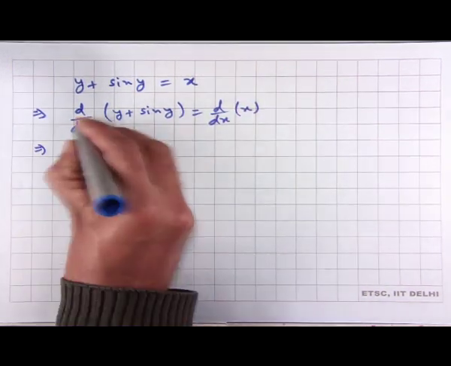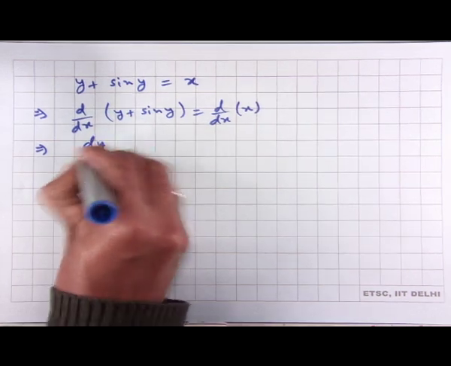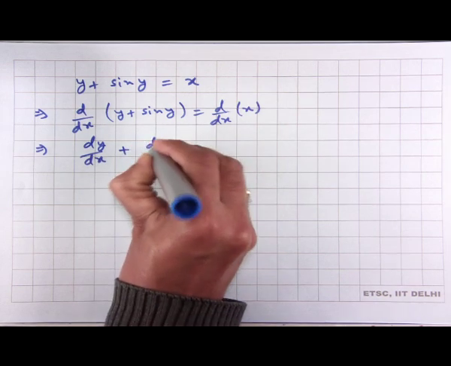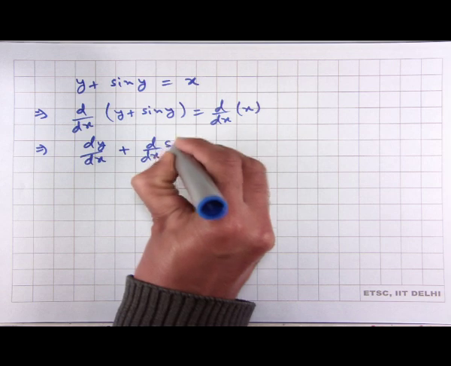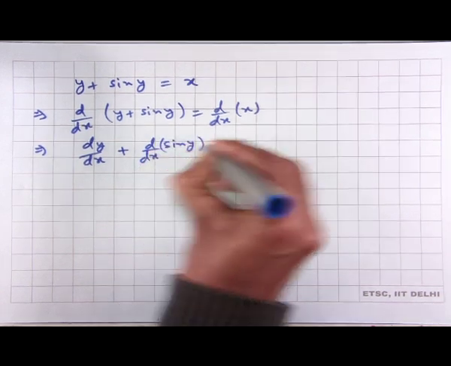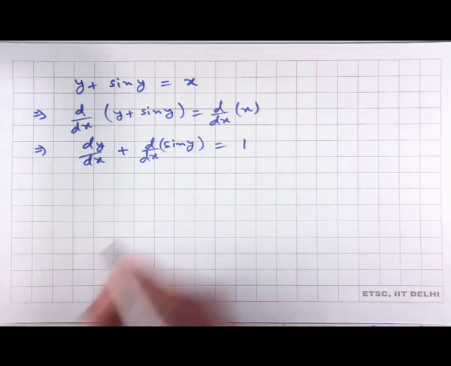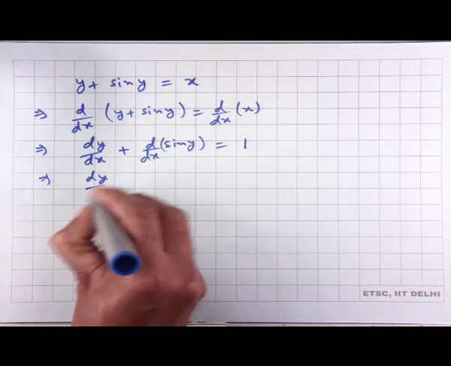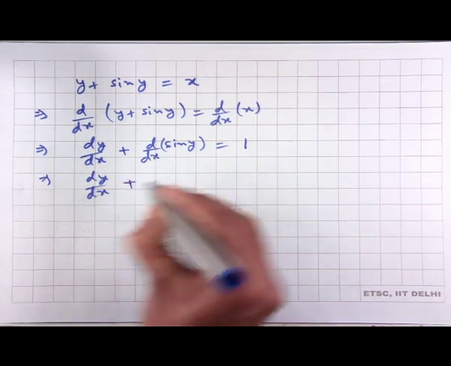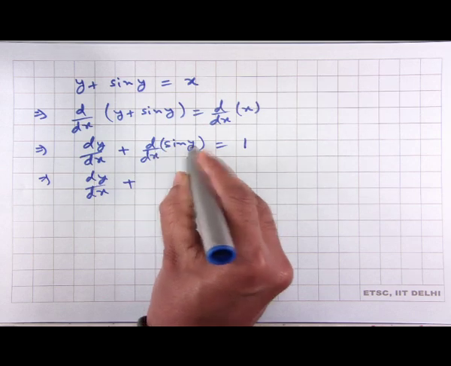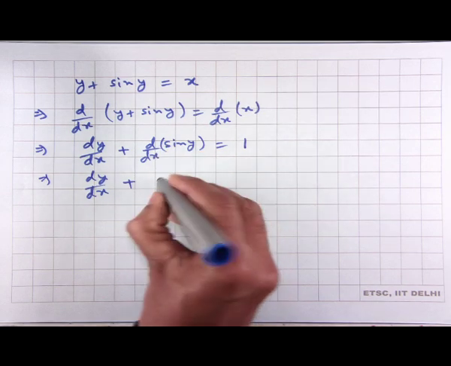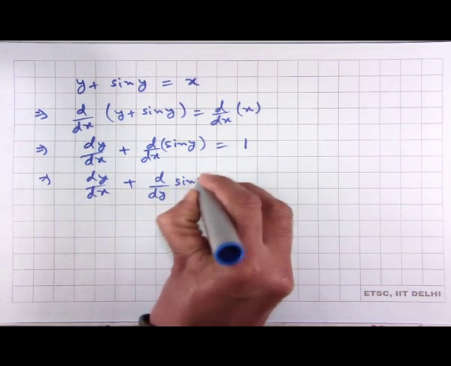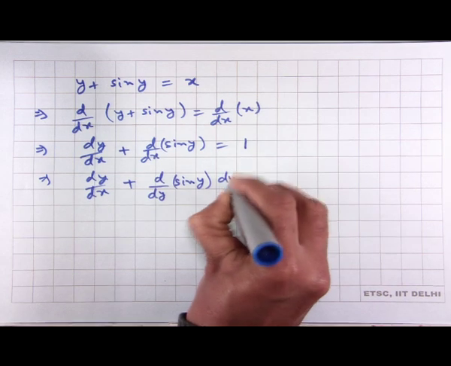Now, this gives dy dx plus the derivative d dx of sin y is equal to 1. Now, by the chain rule we know that the derivative of sin y with respect to x can be written as d by dy of sin y times dy dx.